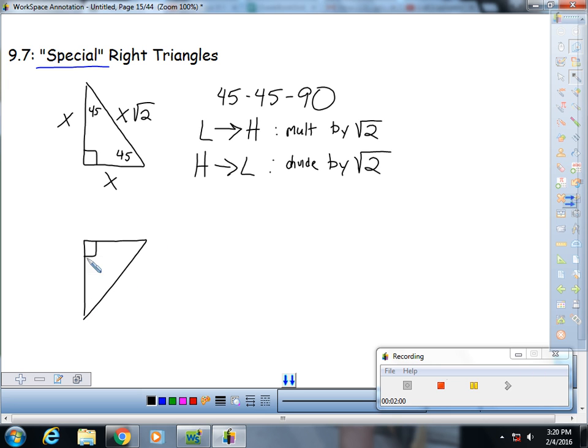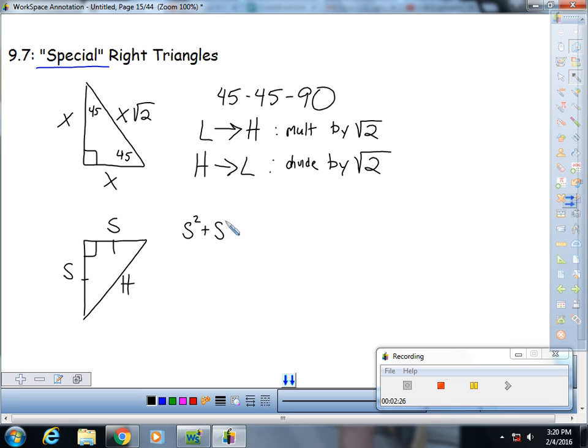Let's say we had some 45-45-90 triangle, and our sides, well, we already used x, so I'll use s. Our sides were s, and we wanted to find out h in terms of s. So solve for h in terms of s. How would I do that? Well, we would start with Pythag.